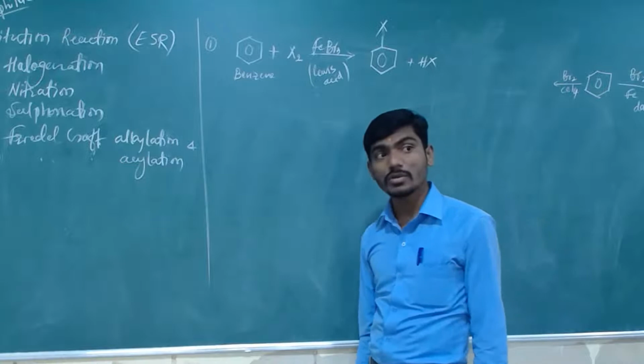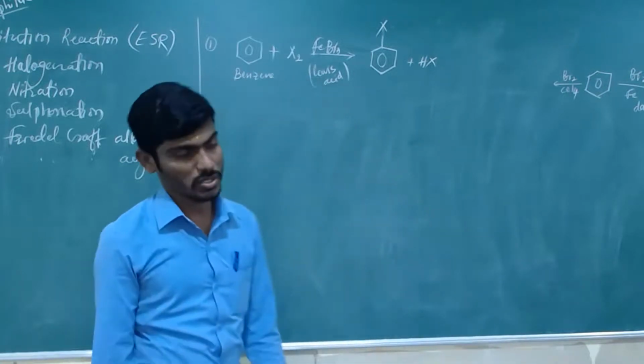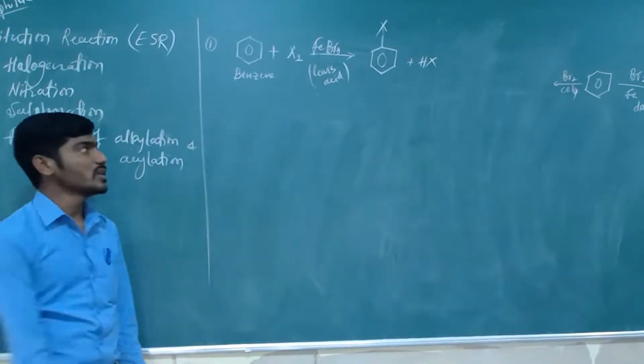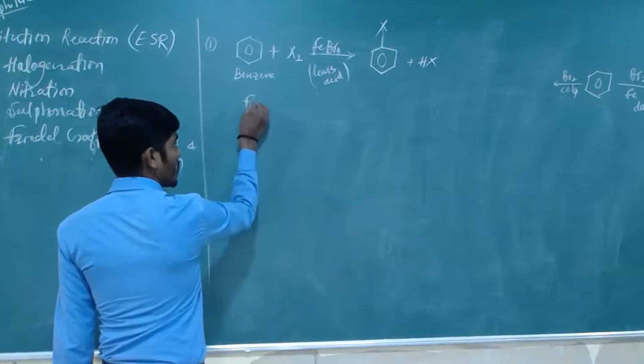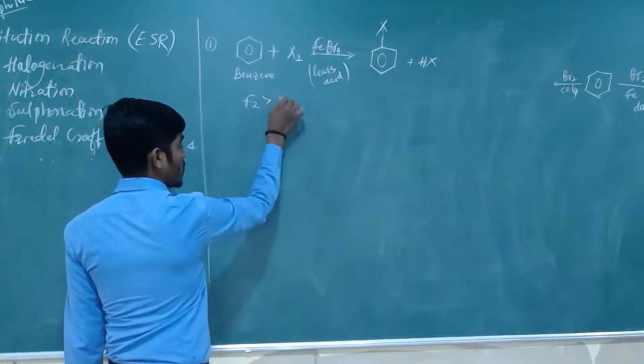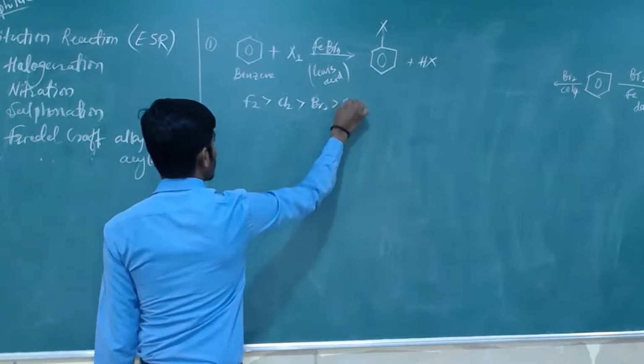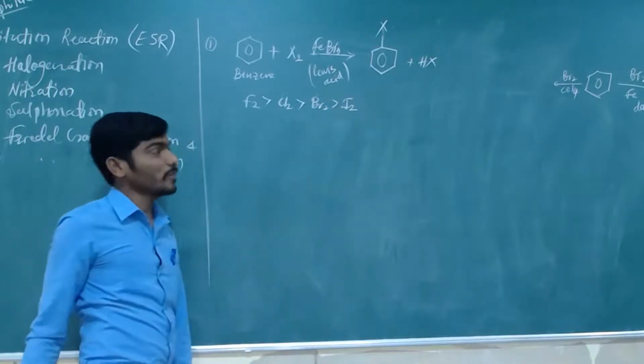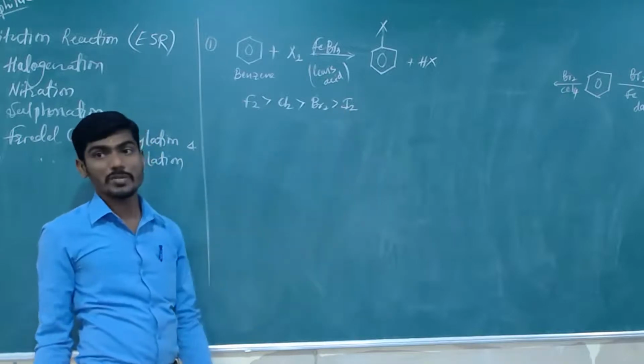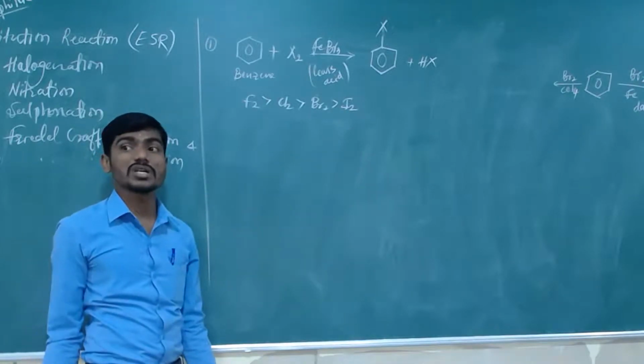Why is iodine not fast? Because of its larger size. The order of reactivity is F2 more reactive than Cl2, which is more reactive than Br2, and the least is I2. But to carry out the reaction with I2, an oxidizing agent is required.